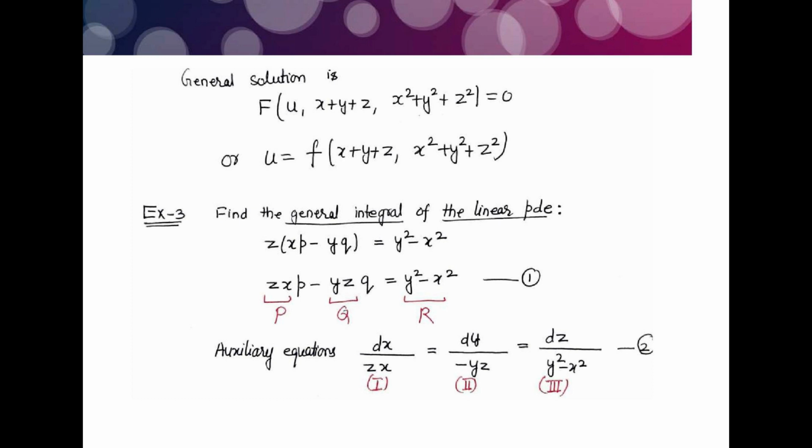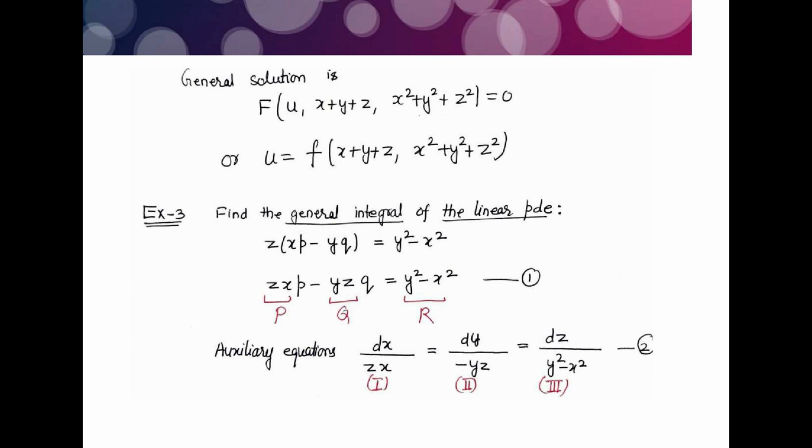Dx upon zx, this is equal to dy upon minus yz equal to dz upon y square minus x square. Most of the time we look for a combination where we have to deal with 2 variables, because it is easy to simplify that part. If it is not available, then we have to look for the combinations.